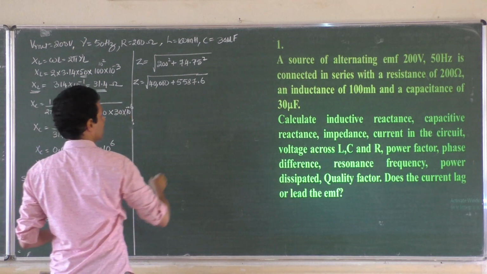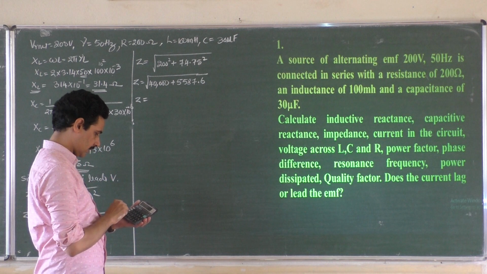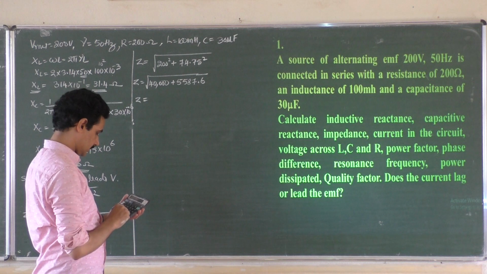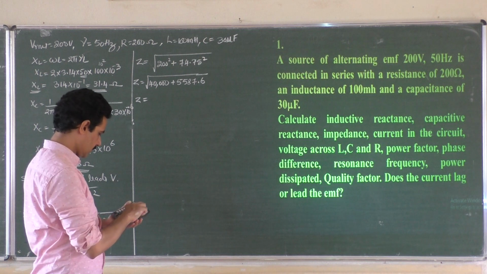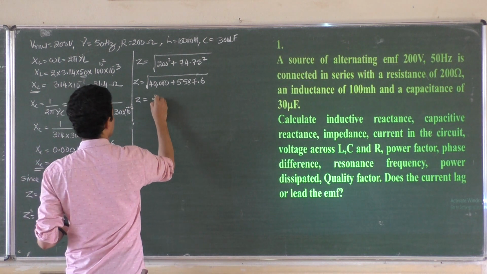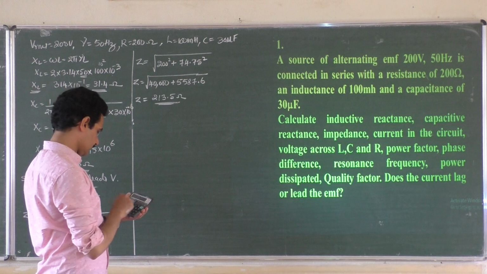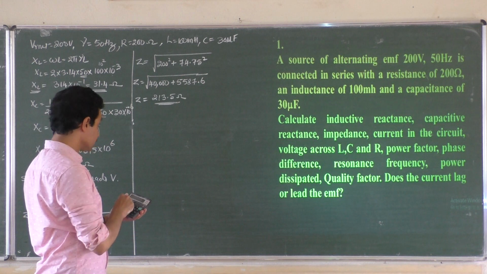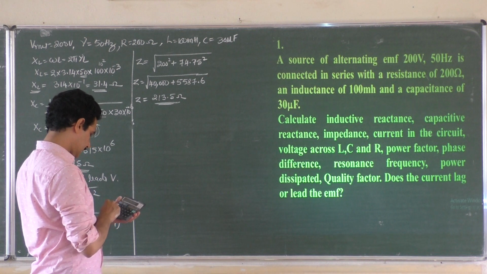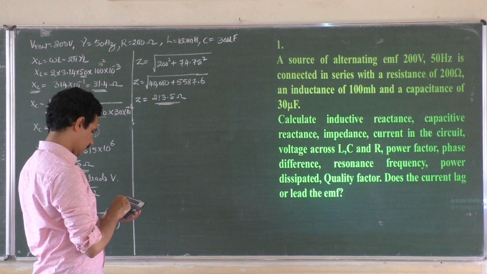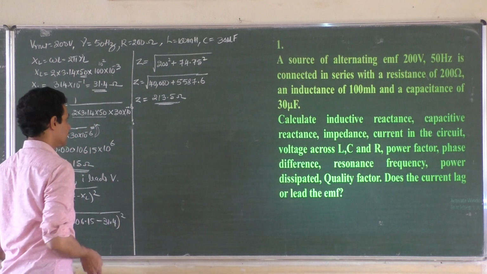So that is 40,000 plus 5,587.56. The square root is 213.5 ohm. Z is 213.5 ohm. Okay, Z is obtained.